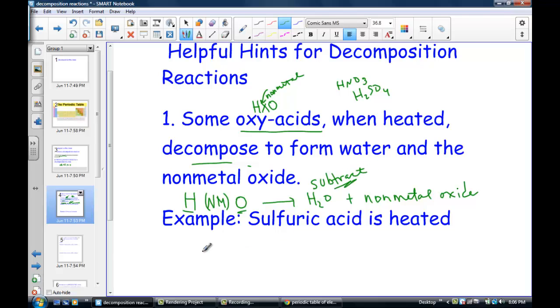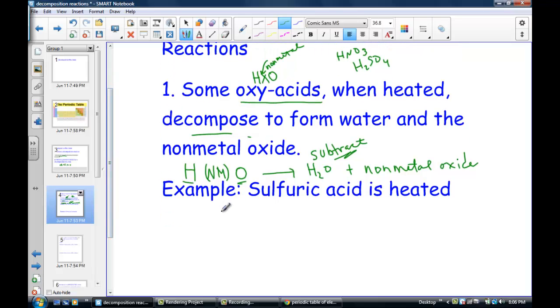I remember saying that the combination patterns were like addition problems. These are going to be like subtraction problems. Let's model that. Sulfuric acid. The polyatomic ion it came from was sulfate, SO4, and we know it carries a -2 charge.